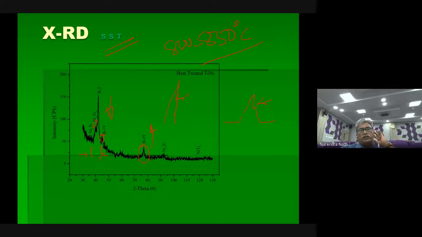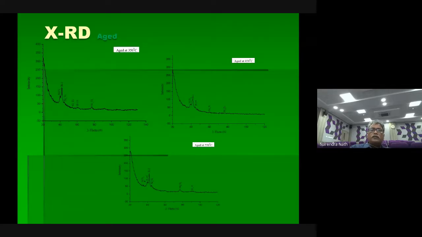That means along with austenite, partly martensite is already in the structure, and other precipitates are there. One has to check this only through your peaks.